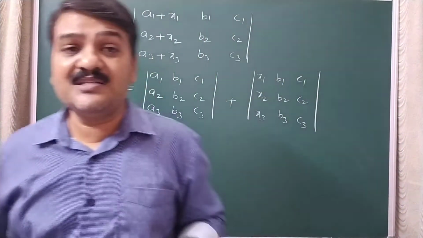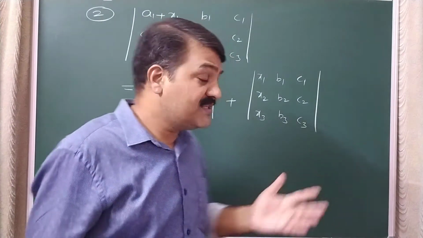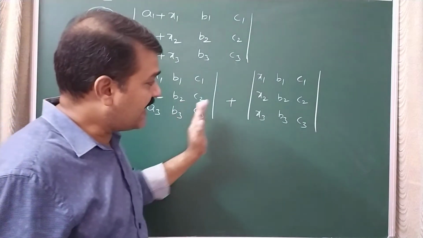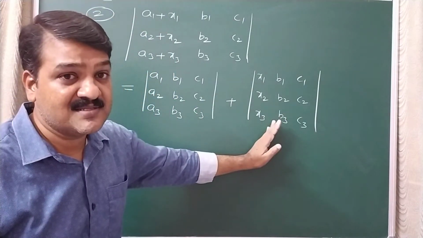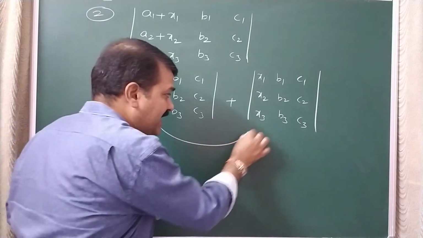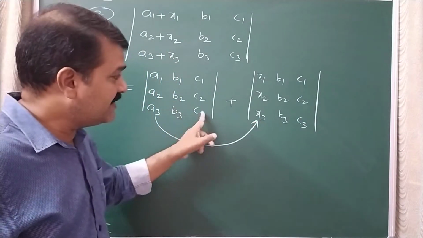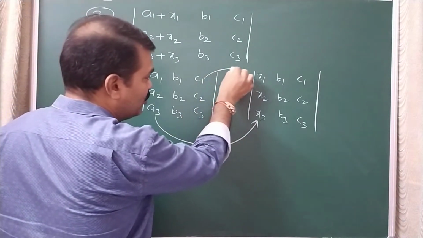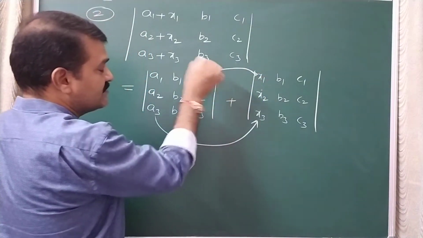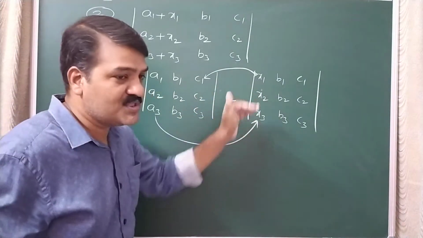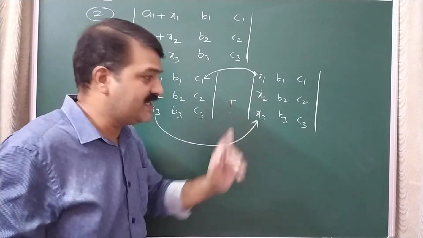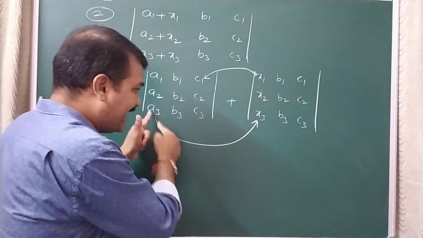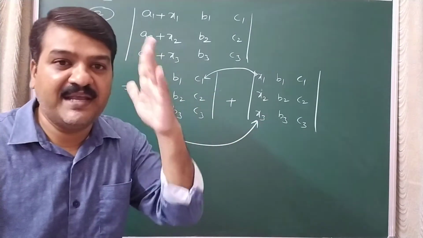The reverse of this can also be done. Whenever you have a sum of two determinants and you want to add them, you have to add any one column keeping the remaining two columns the same, or add any one row keeping the remaining two rows the same.